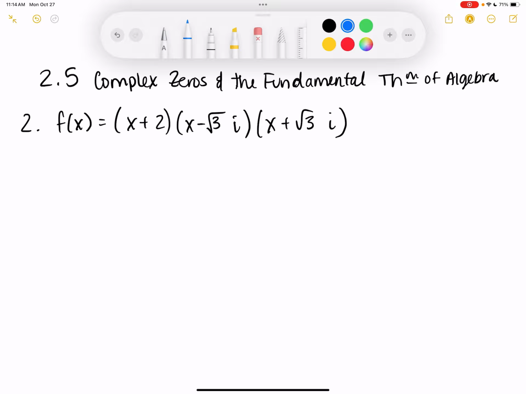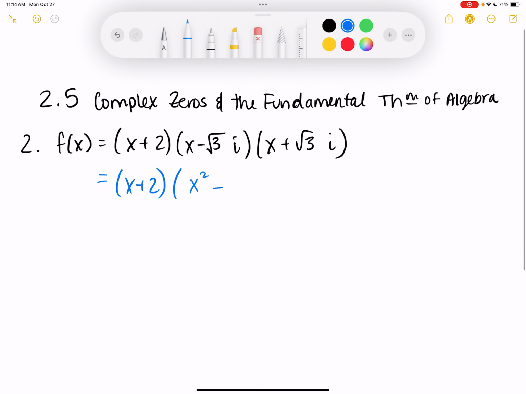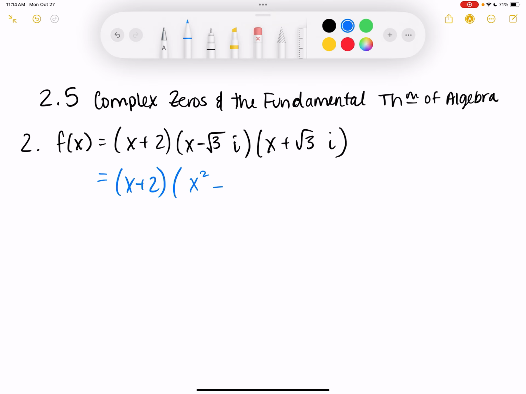All right, so I need to multiply. I would start with the two things that are essentially the same, because they are difference of squares. So we would have x plus 2 times x squared minus... No, wouldn't it be plus? No, these are opposite signs.